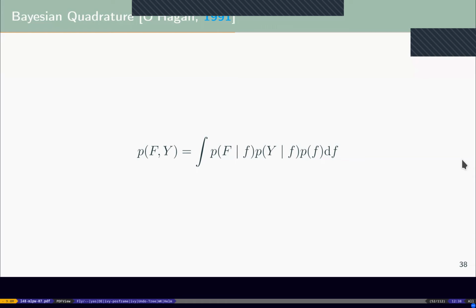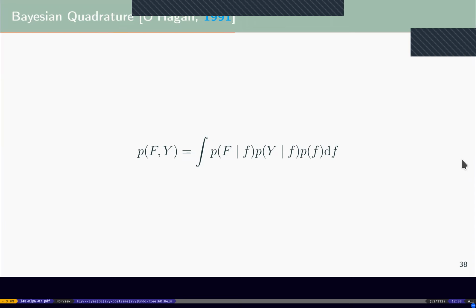Notice the prior is going to be a Gaussian process. Then I have a likelihood function, the same as before: what do I think the discrepancy is to the data that I see? And then we have another distribution that says, if I know what the function is, what is its integral?